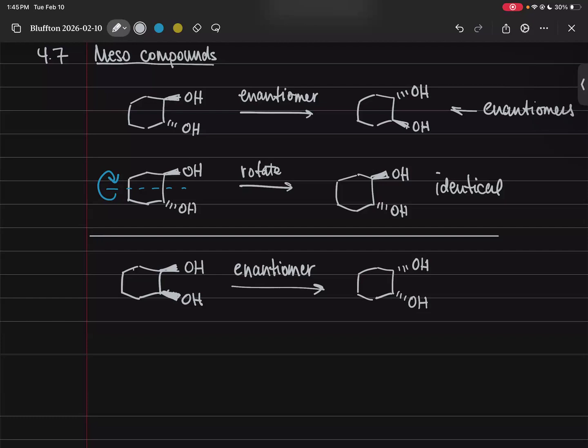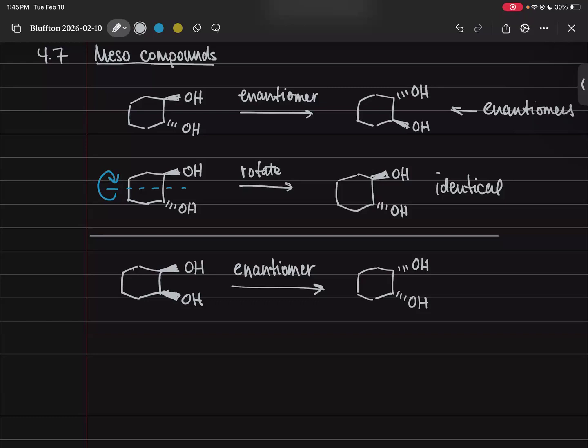Here's my wrapping molecule. Okay, so both of the OHs, these flaps of paper, are coming toward me. We're going to do a rotation along that blue axis. So now we've reached the same compound that we said was an enantiomer.